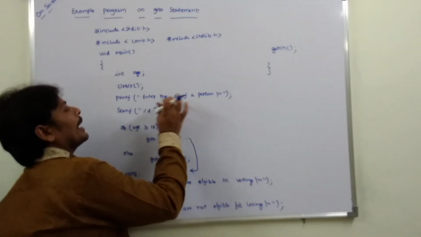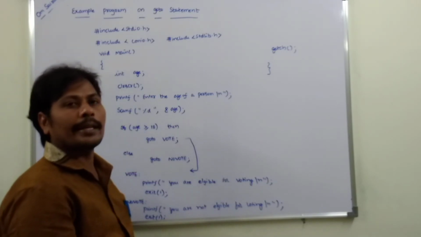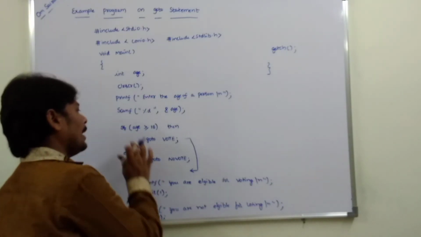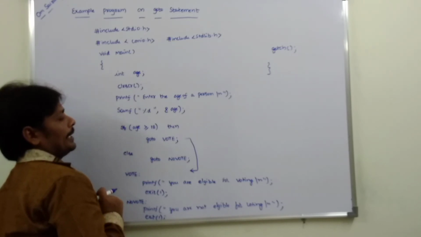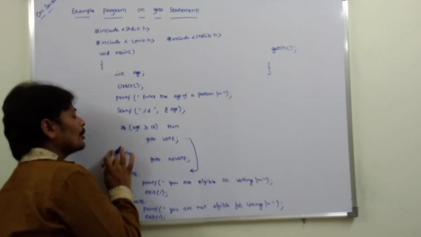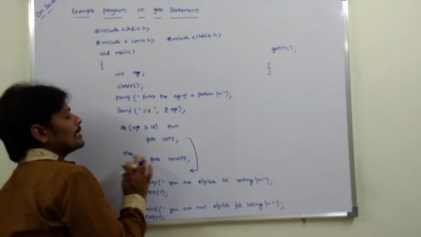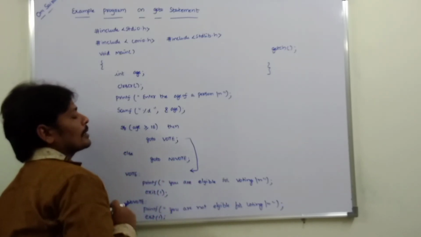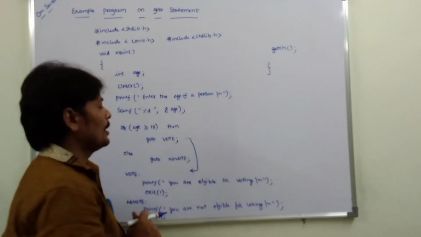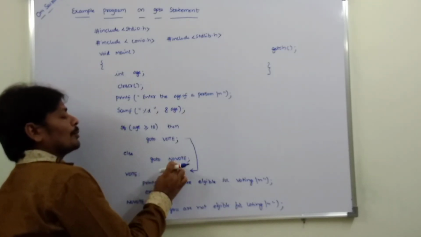Suppose you enter the age of a person as 16. Then is age 16 greater than or equal to 18? False. Then go to the else part. In the else part, another label is there, goto novote.